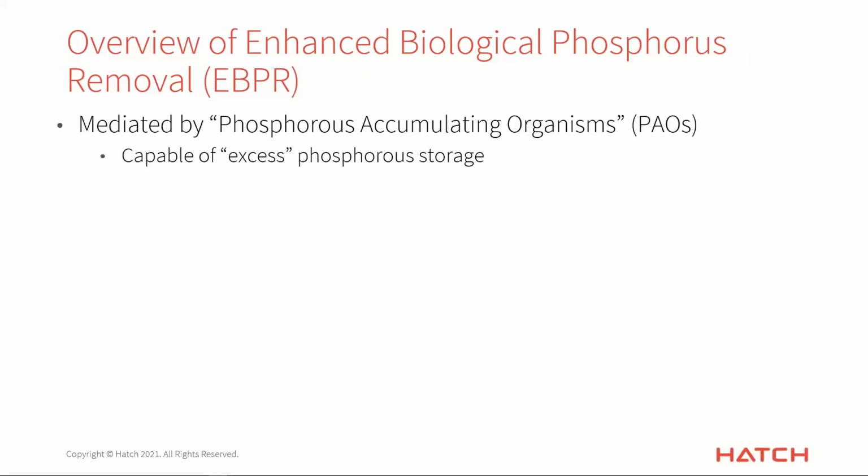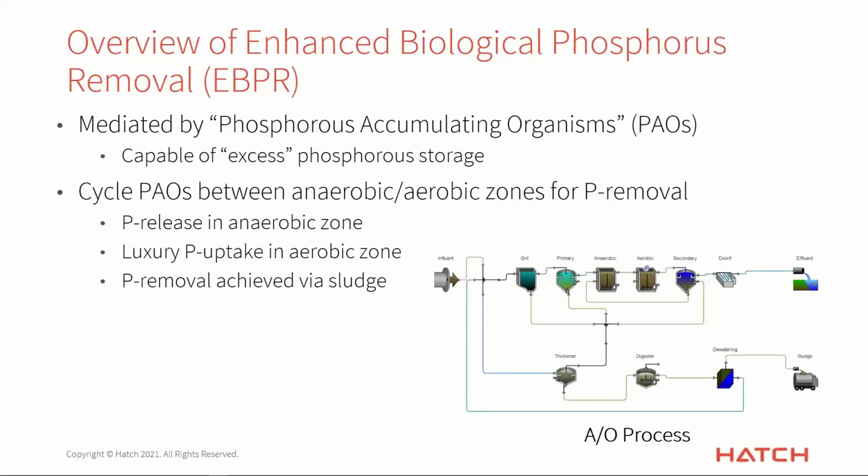Okay, so we're doing that in the model, and in our actual wastewater treatment plants, by growing these PAOs, phosphorus accumulating organisms, and they're the ones that are capable of doing that excess phosphorus storage. And the way that is done is in two steps. First of all, by going into an anaerobic zone, along with enough substrate and other things that it needs. Basically, it's going to release phosphorus while it is storing COD to be able to grow on later.